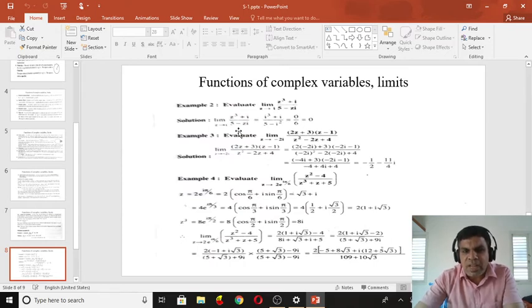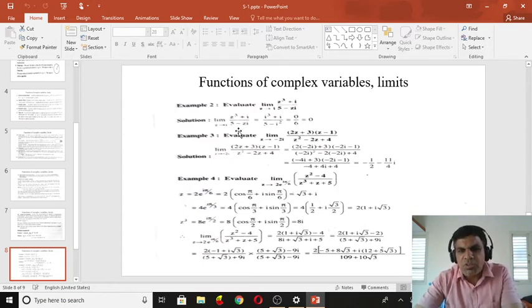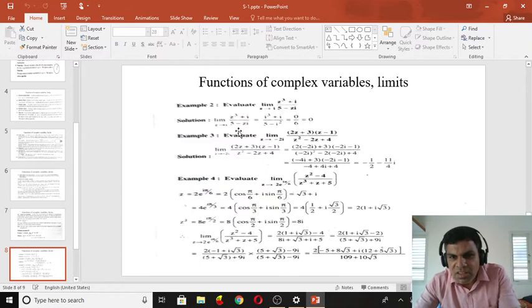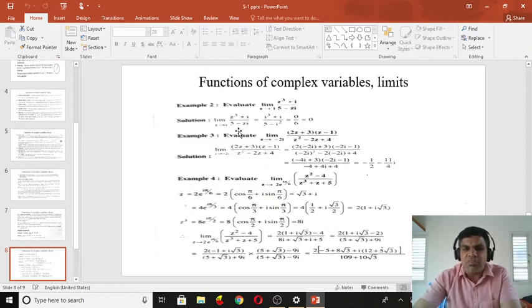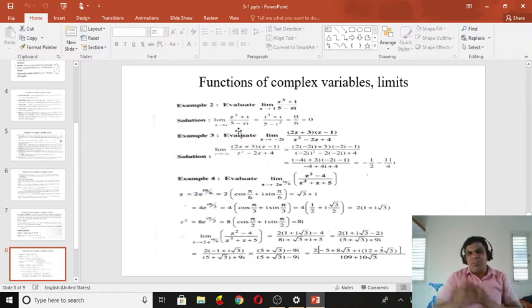So 2 times minus 2i plus 3, minus 2i plus 1, divided by minus 2i whole square minus 2 times minus 2i plus 4. Simplify, we get 1 minus 1 by 2 plus minus 11 by 4 times i. This is the simple way, applying directly, we get that.